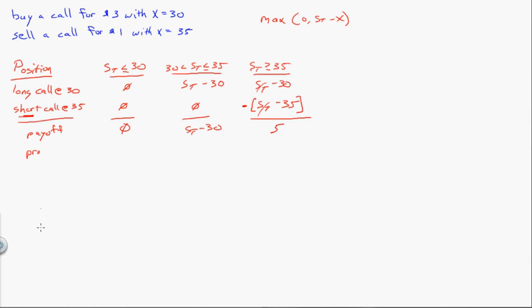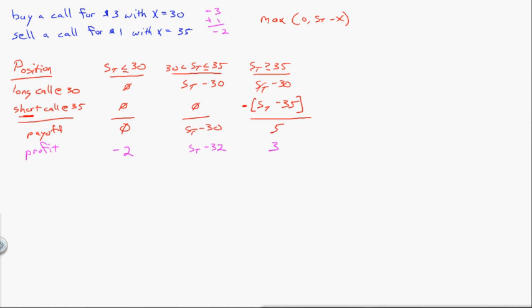What about my profit? My profit is going to be, well, I bought a call for $3, that's minus 3, and I sold one for $1, that's plus 1, so it cost me $2 to get into this position, so my profit is minus 2, ST minus 32, and 3.